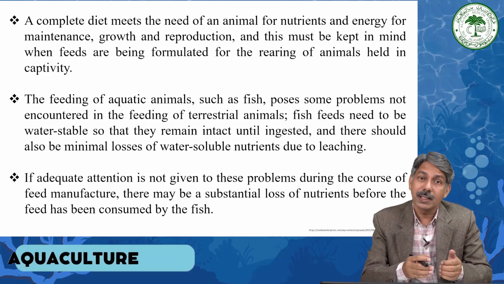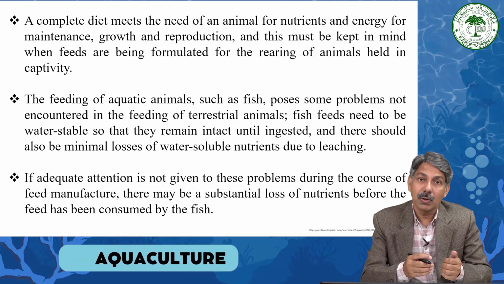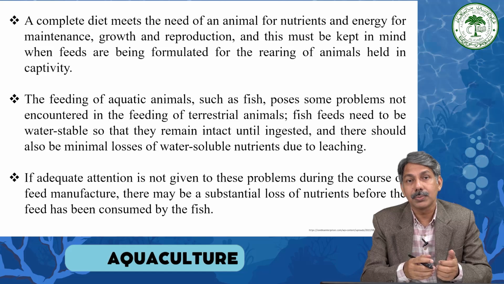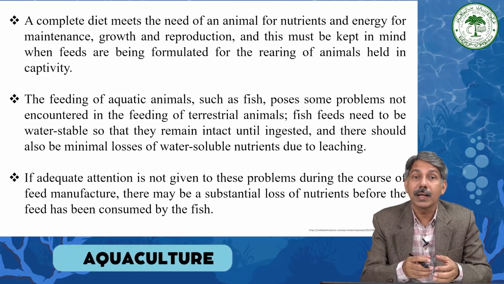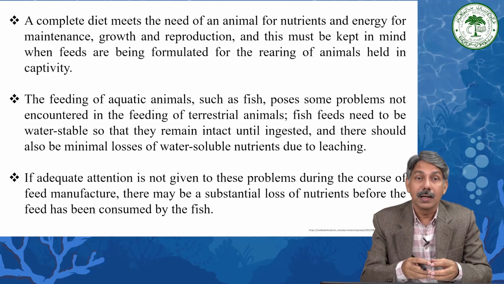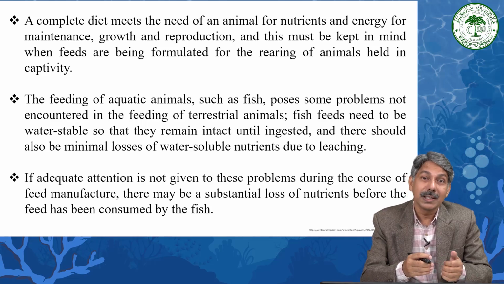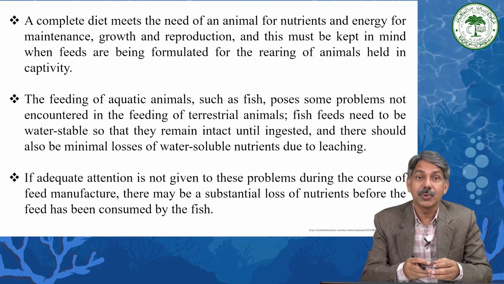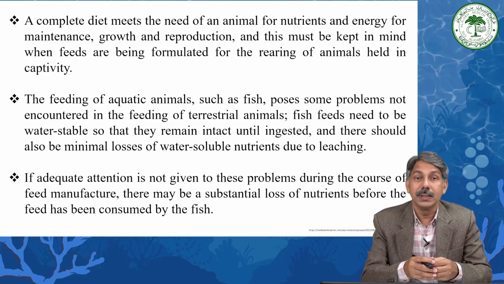So if we have the composition of the food items that the fish is consuming and the proximate composition or nutrient composition of the whole fish body, then we can have an idea of what different nutrients are present there, and how the nutrients present in the body are being supplied by the food items, what kind of food items may be supplying these nutrients to the fish. So the quality of nutrients, then we can go on scanning by studying the composition of the food items.